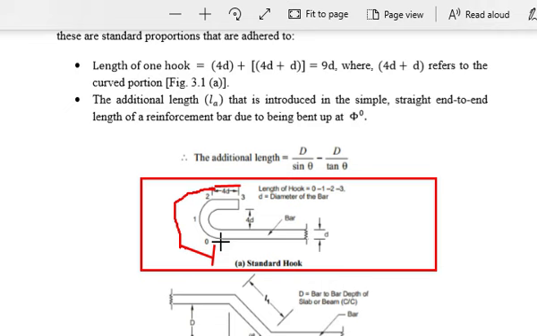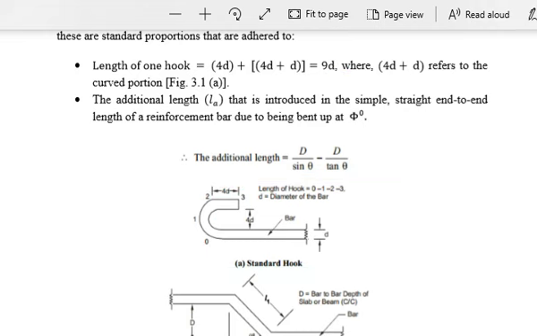See page number 6. So the total length of this hook will be the clear length of the hook plus 9D, where D is the diameter.